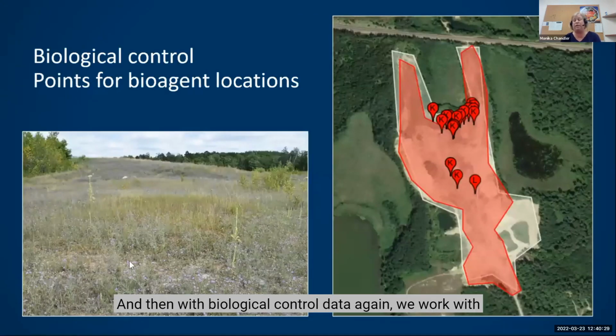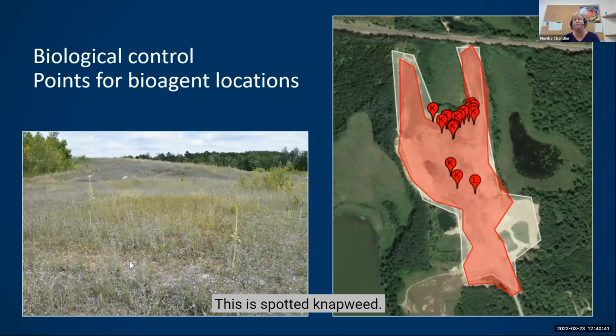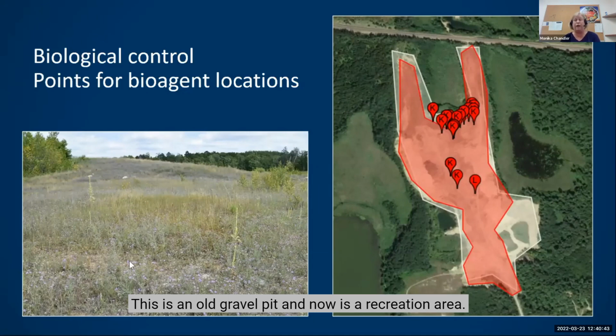And then with biological control data, again, we work with this in ISM Track, and you can see the red infestation polygon. This is spotted knapweed. This is an old gravel pit, and now is a recreation area. And so there's a lot of spotted knapweed in this old gravel pit.